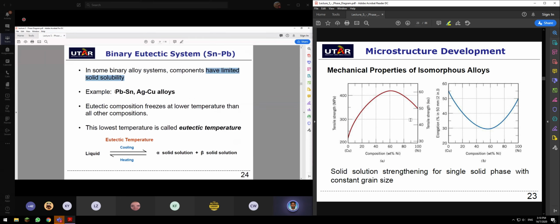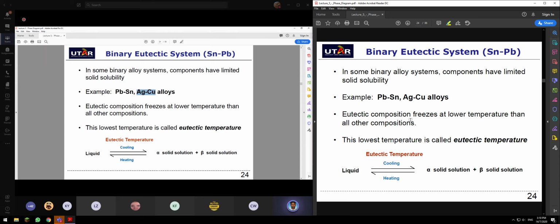For example, the components for this example are lead and tin, or silver and copper alloys. There's a term, eutectic: the eutectic composition freezes at a lower temperature than all other compositions. The eutectic is what we can call a triple point in a phase diagram.